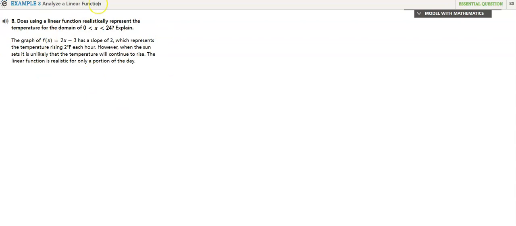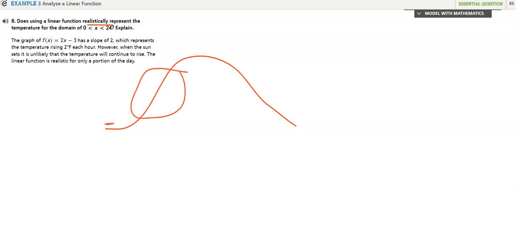If you think about it, because temperature is not usually a linear thing, we don't usually start at one temperature and continue to rise forever. This is not an accurate or realistic representation for temperature, because temperature usually looks like a bell curve, right? We start cold and then we rise, then we plateau a bit and then decrease.